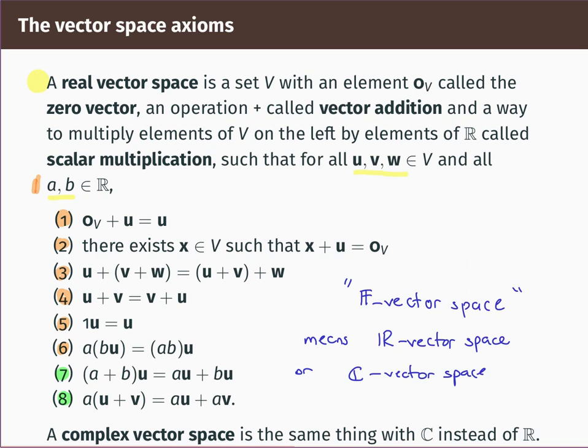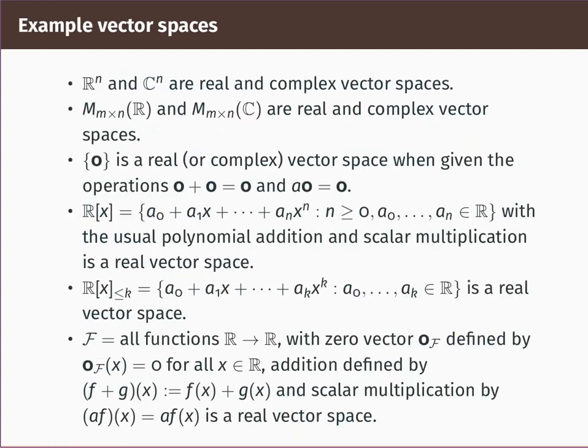So the F is just a stand-in for either R or C. The reason we would want to do this is because basically the properties of real vector spaces and the properties of complex vector spaces are precisely the same. So we'll often just want to talk about an F vector space when we're talking about something which is true for any kind of vector space and where we want to specify where the scalars are coming from.